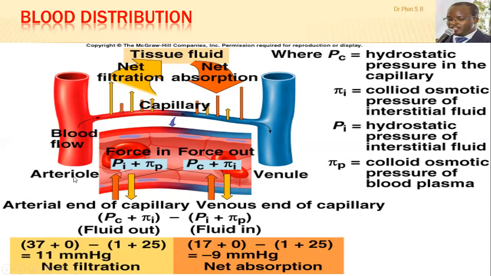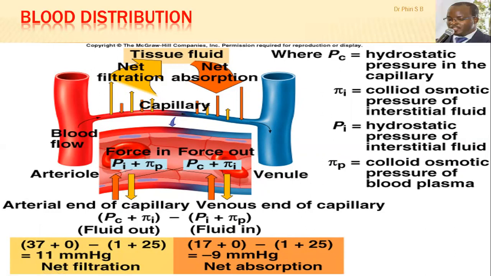On the arterial end of the capillary, you have a higher hydrostatic pressure as compared to oncotic pressure. You can see the equation here. For you to know the movement of the fluids, you need to compare these forces, the hydrostatic pressure and the oncotic pressure.